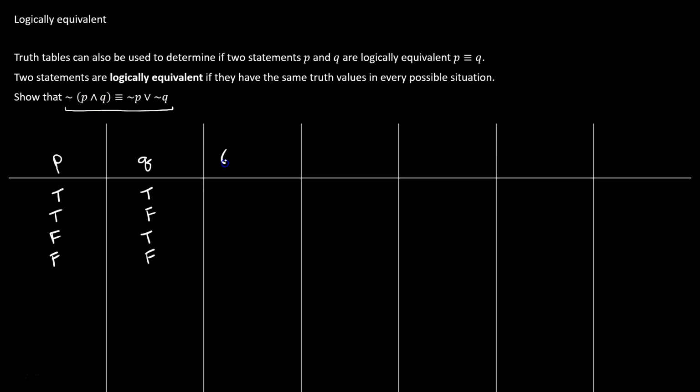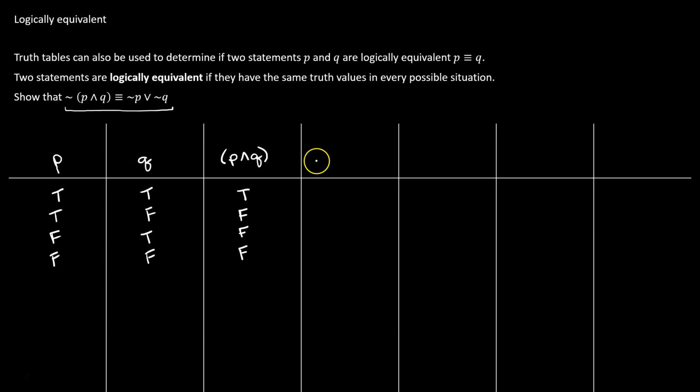So we're going to start by doing the conjunction, P and Q. We just did this table, so we could just copy it down, or we could think about it again. P and Q, the only time that was true was when both P and Q were true. Otherwise, that conjunction was false. But then our statement has the negation of that.